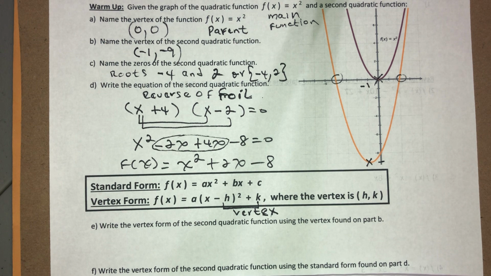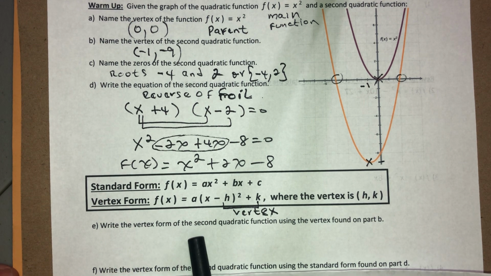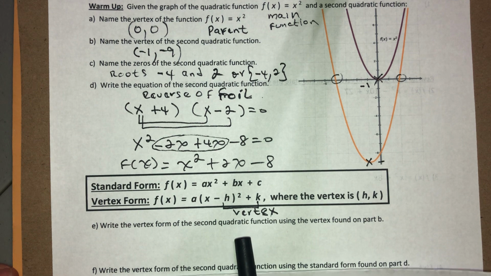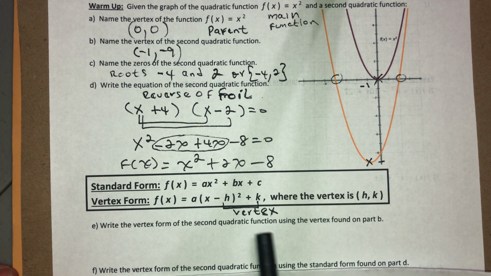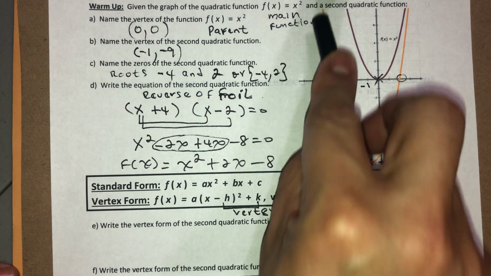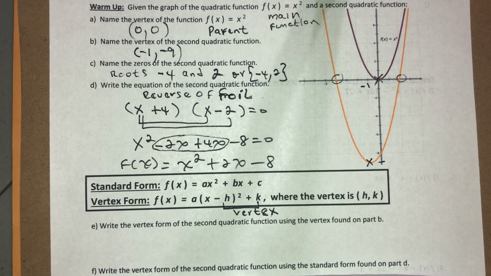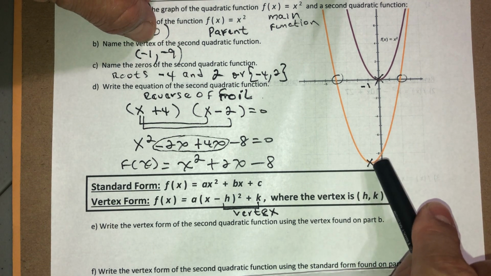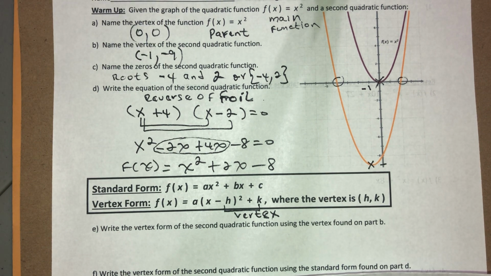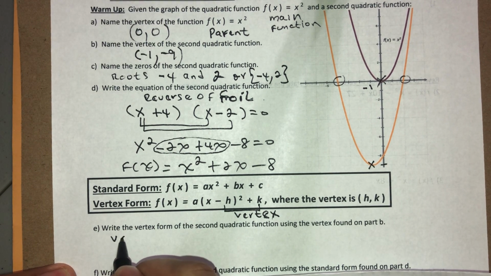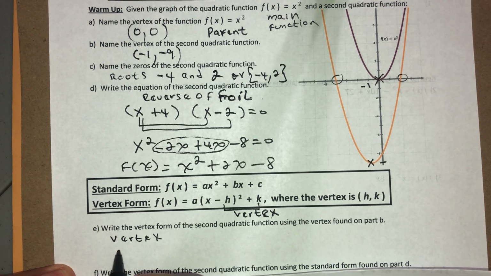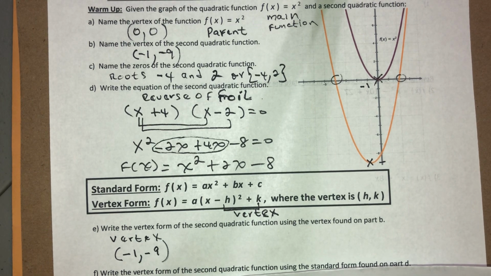Now what they're asking me is to write the vertex form of the second quadratic function, using the vertex found in part B. In part B, I found the vertex from the graph, which was -1, -9. So if the vertex is -1, -9, I can automatically write the vertex form of the equation.